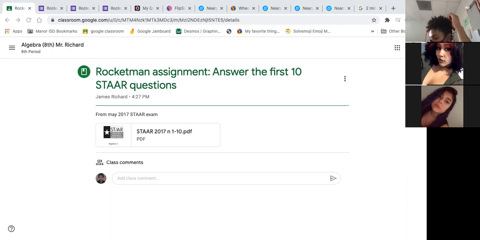In this problem, the area is equal to 54 x to the 9th, y to the 8th. And then it says the length is 6x to the 3rd, y to the 4th.